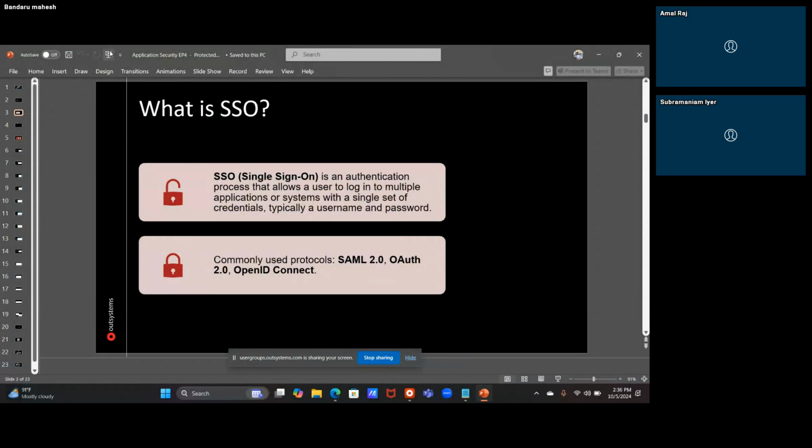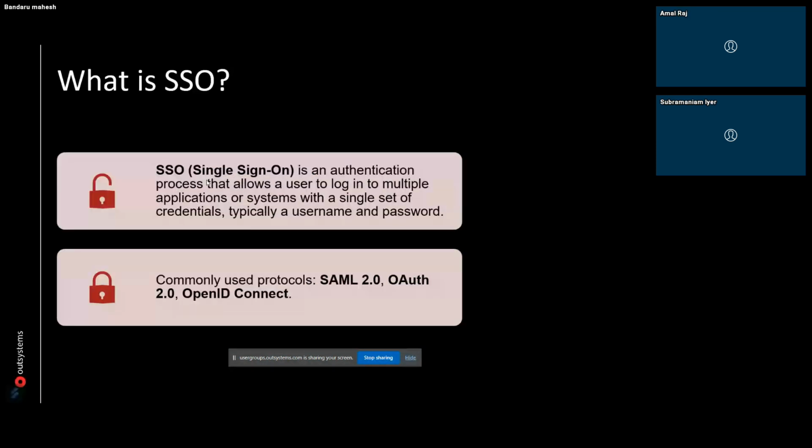So, what is SSO? It is an authentication process that allows a user to log in to multiple applications with a single set of credentials. As an employee, we have to navigate to multiple applications at a time, and for that we have to access every application.